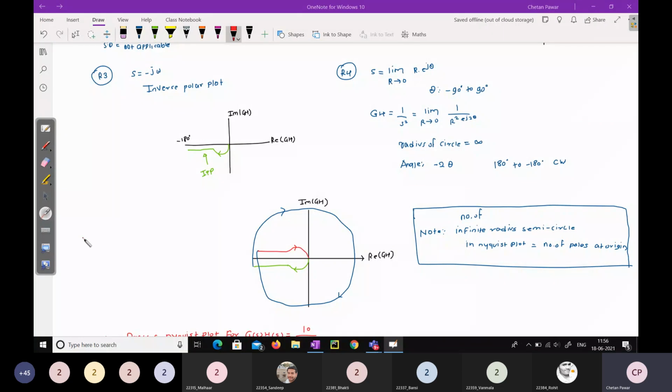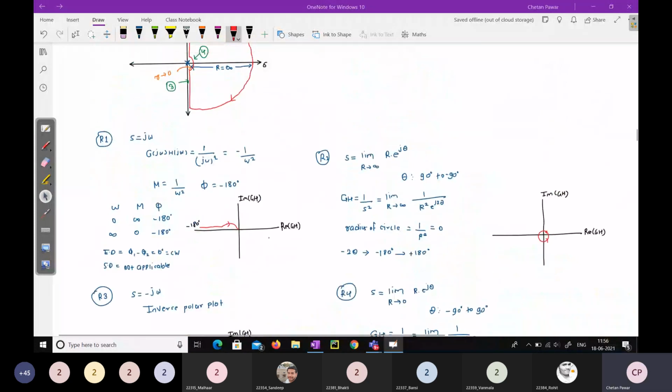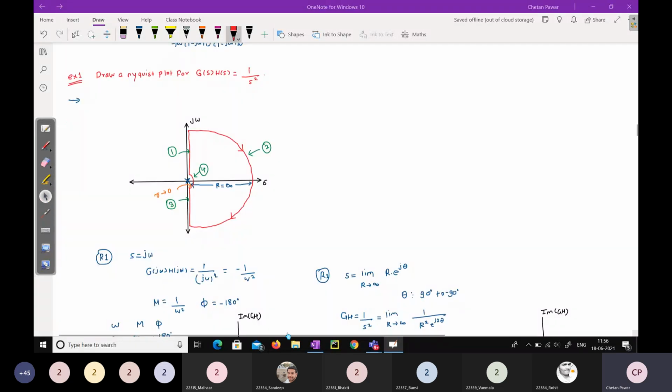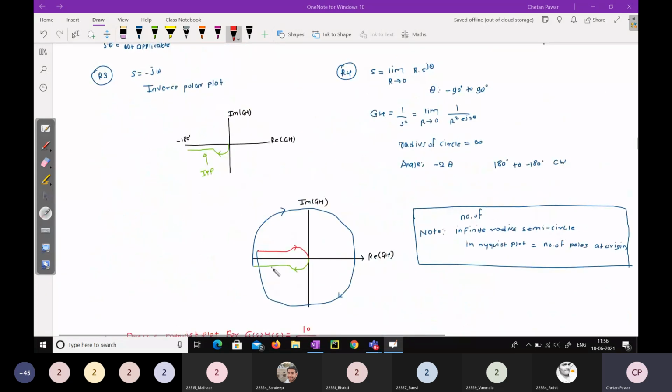Now, one note I need to mention here. There are 2 poles at origin. If there are 2 poles at origin in the open loop transfer function, there will be 2 infinite radius semicircles.